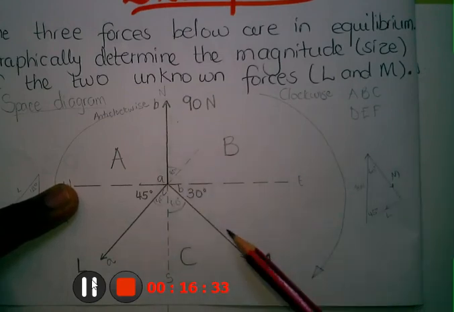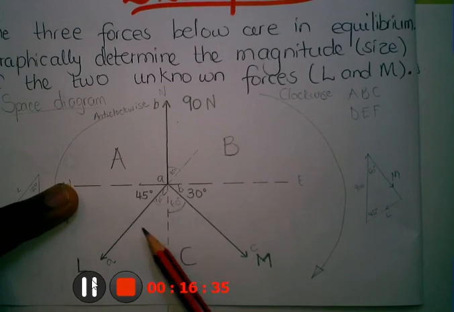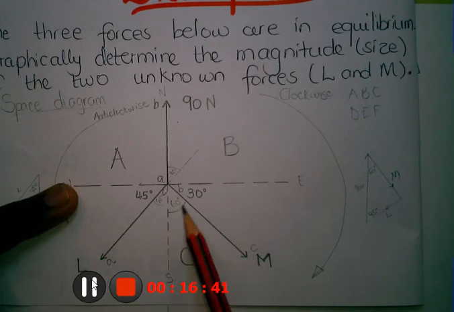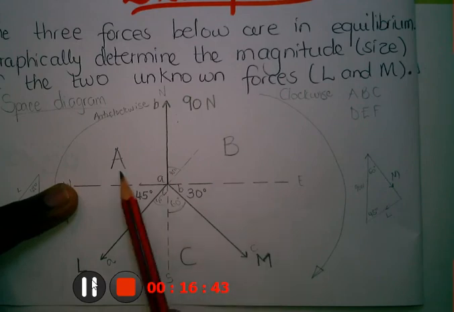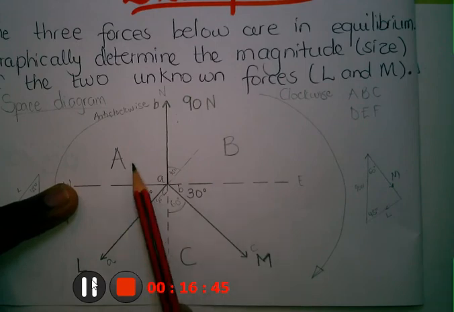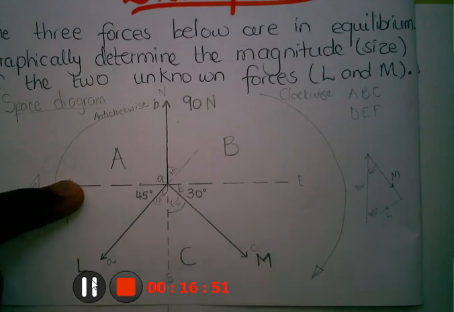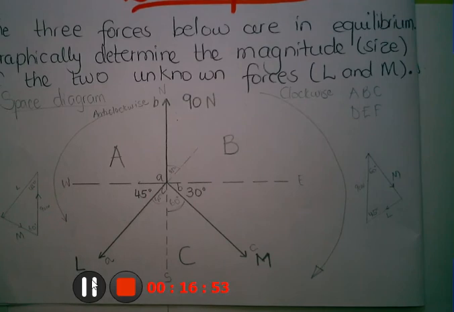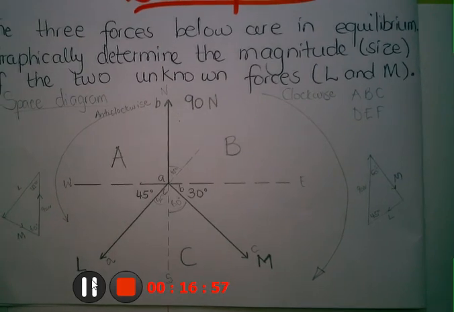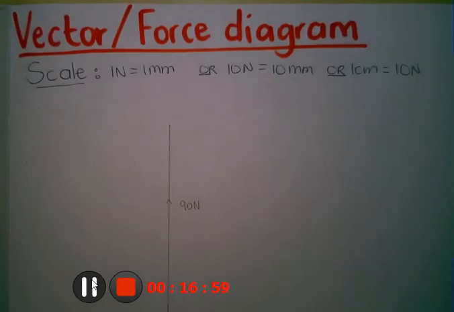AB, BC, and then CA. It will be the same if you move anti-clockwise: line BA or AB, AC, and then CB. It's the same. And that is made possible by the lettering according to Bow's notation.